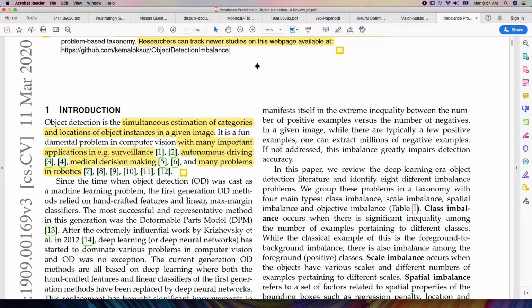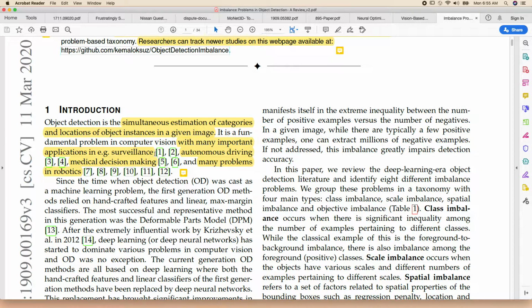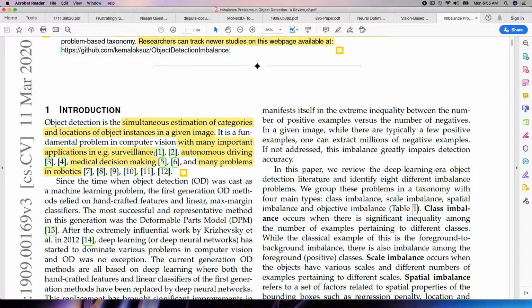Maybe you want to detect when a thief is trying to break into a house or a door. So you must be able to detect the thief. You must be able to detect that the action is breaking into the facility, so that the camera can take appropriate actions.